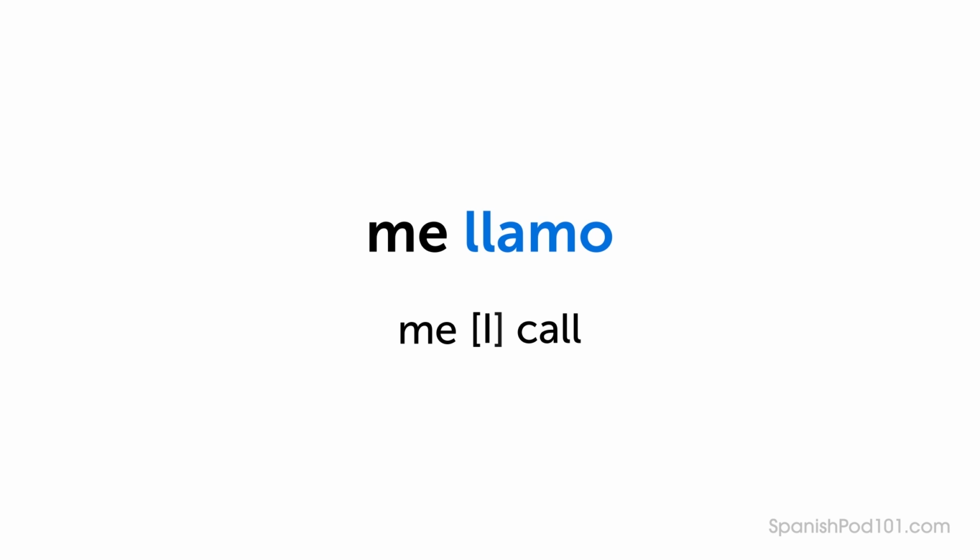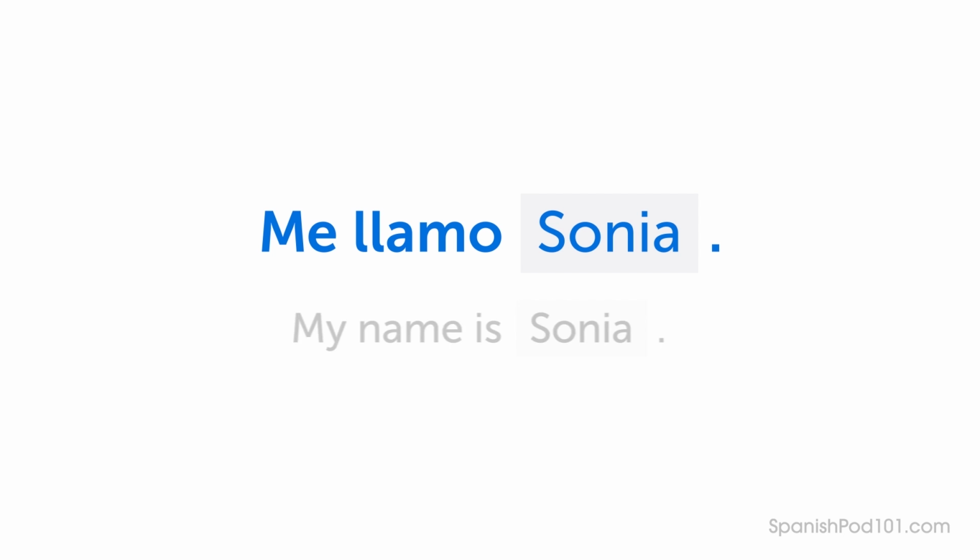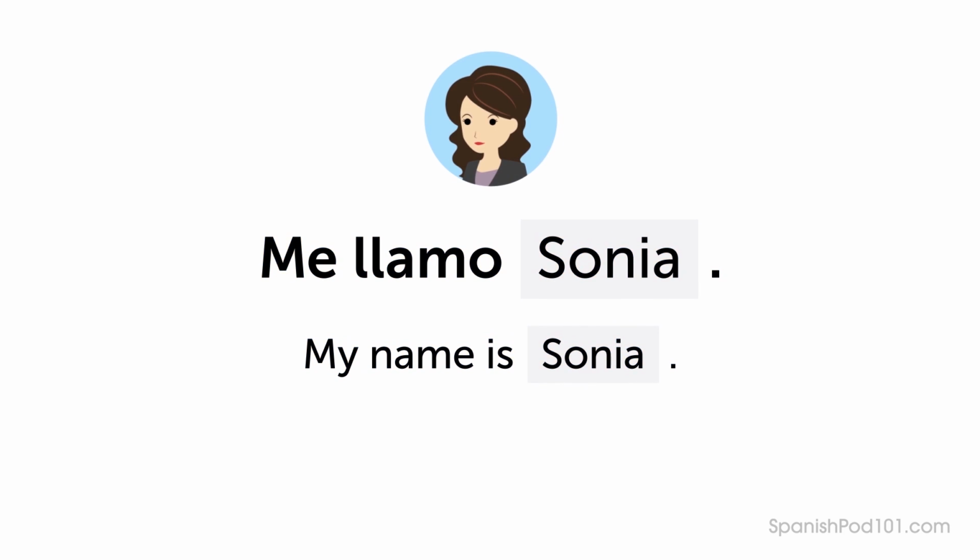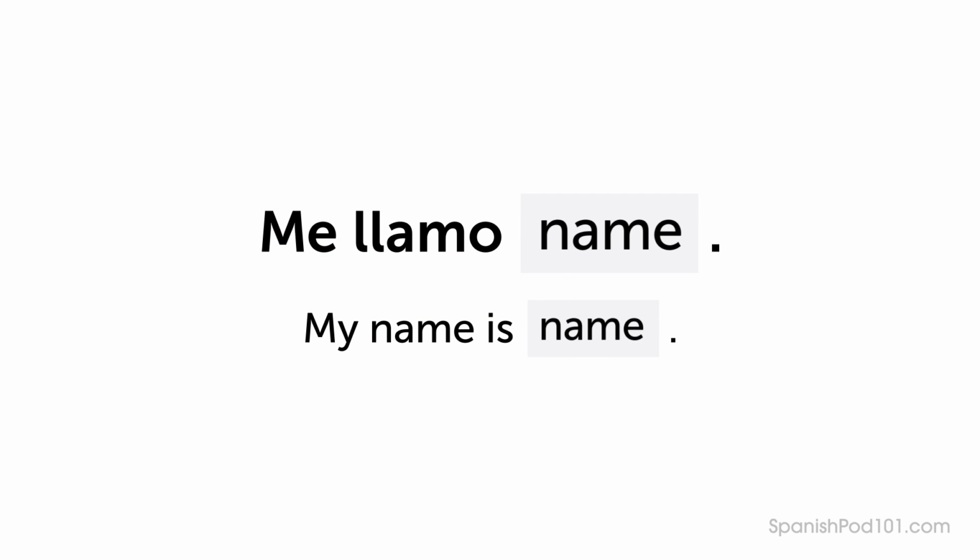Llamo is from the verb Llamar, meaning to call. Next is the name, Sonia. Altogether, it's Me llamo Sonia. Literally, myself I call Sonia, but it translates as, my name is Sonia. The pattern is, Me llamo name. My name is name.